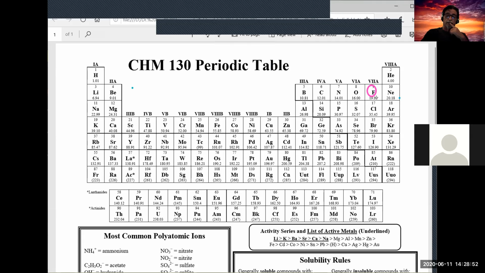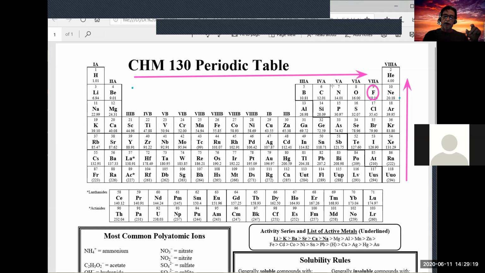Fluorine's right here. And so, that being the most electronegative, the trend of electronegativity is that it increases going from left to right, and going from the bottom to the top of the periodic table, electronegativity increases.